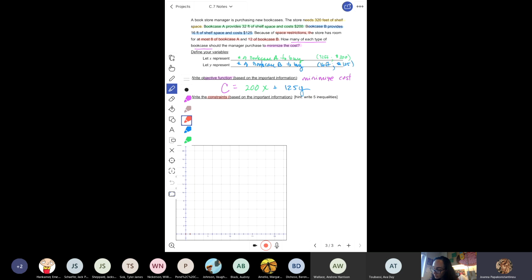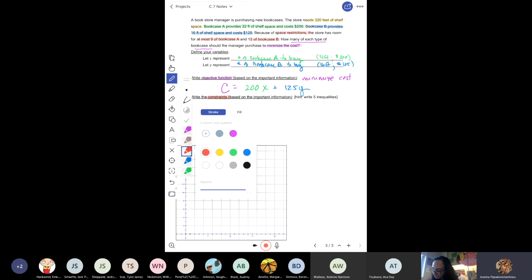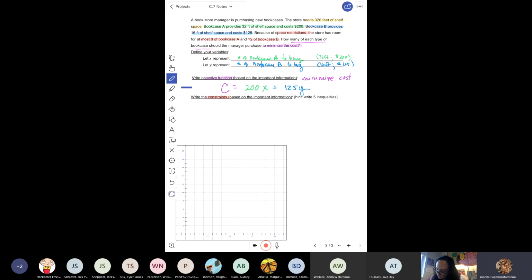Constraints. Let's write constraints. First constraint. Has to be less than 8. What has to be less than 8? A. Okay, and we define that as X, so I like it. So you're saying X has to be less than or equal to 8, right? Okay, so that has to do with my space constraint. Anything else?